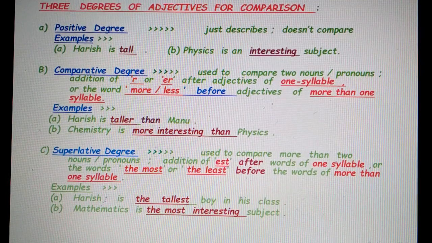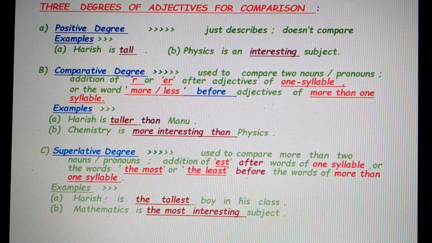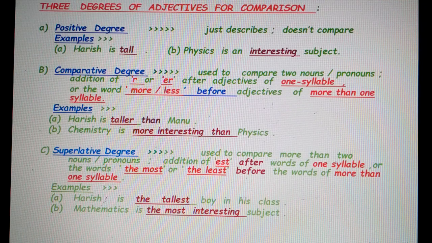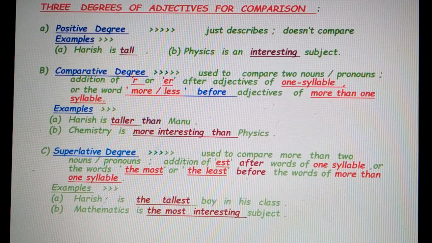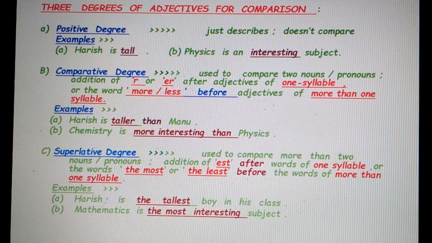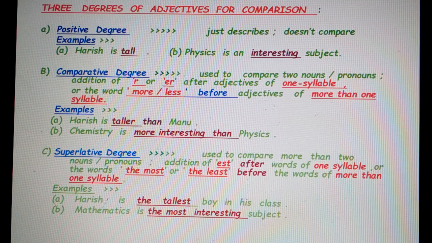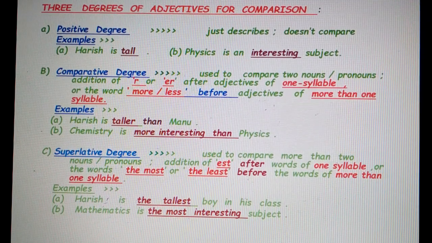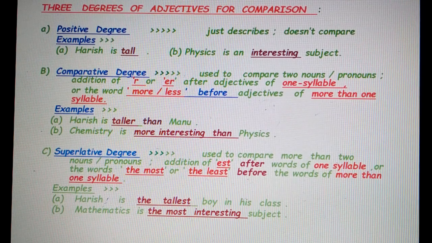Interesting, a 4-syllable word. So, more than one. So, the word more is added just before the adjective here. Now the sentence becomes, chemistry is more interesting than physics. Again, you can see the use of the word than just after the comparative degree of interesting in the sentence.